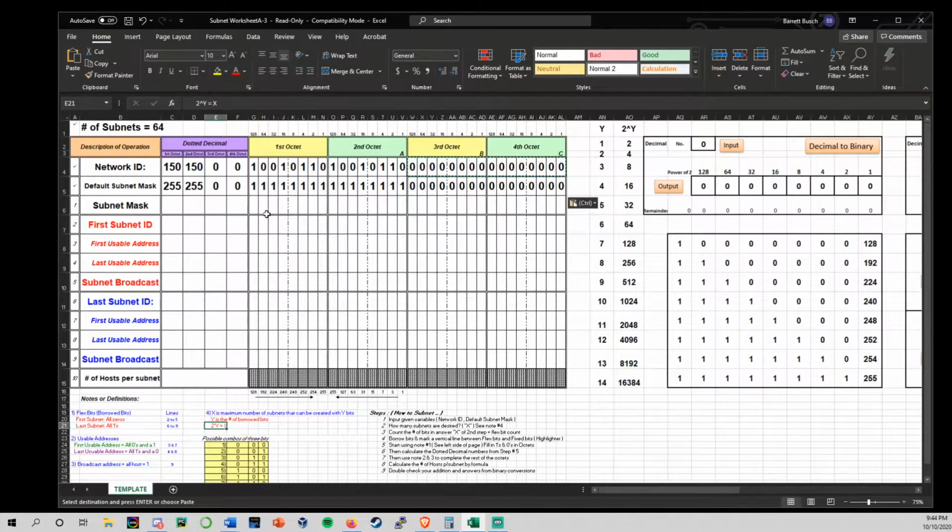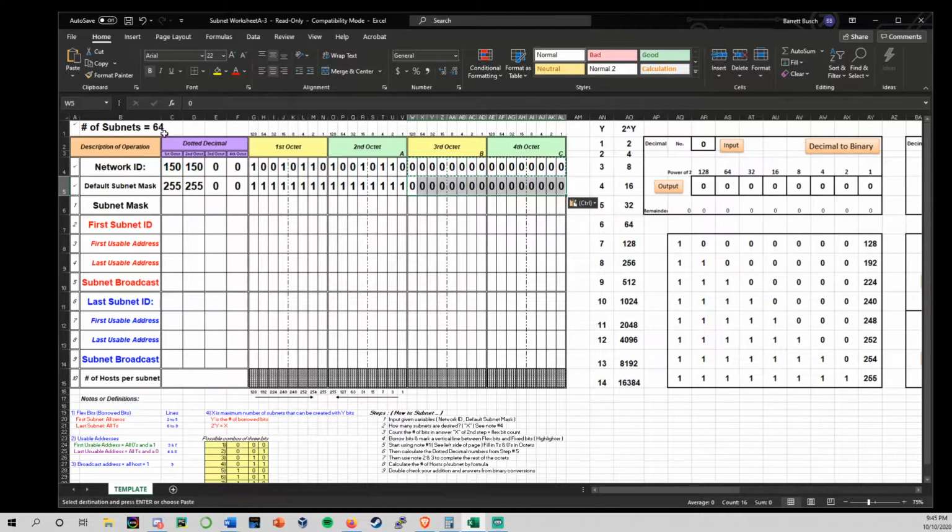Remember that this is the network portion, and the rest of this is going to be the host bits. These are the network bits. These are the host bits. To determine the subnet mask down here, we need to borrow some bits from here, however many we need.